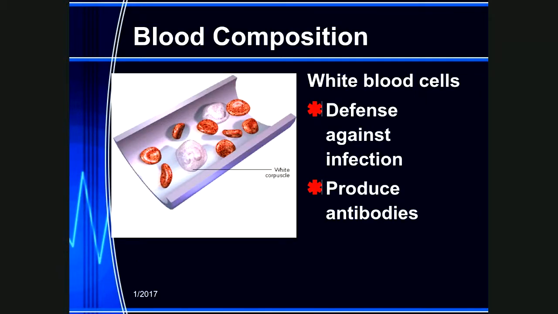White blood cells, also known as leukocytes, make up approximately 5% of the total blood. White blood cells are involved in destroying microorganisms because they're the defense against infection. They also produce antibodies which help the body resist infection.